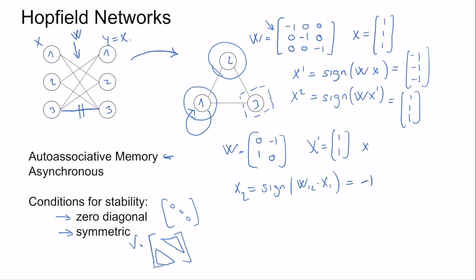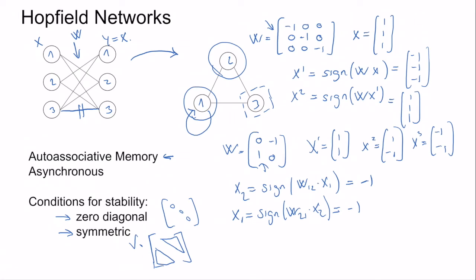So now x2 is equal to 1, -1. And then if we update the value of x1 now, sign of w2,1 times x2, x2 is -1, this is positive, so I'll get also a -1, so x3 is equal to -1, -1.